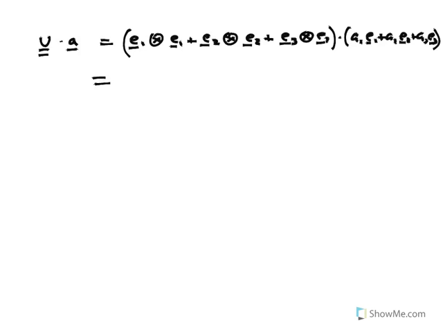If we take these products, we get A1 E1, since E1 circle cross E1 applied to E1 is E1, plus A2 E2, since E2 circle cross E2 applied to E2 is E2, plus A3 E3, which is equal to A. So that tells me that U dotted with A is equal to A. That is the construct for the identity tensor.